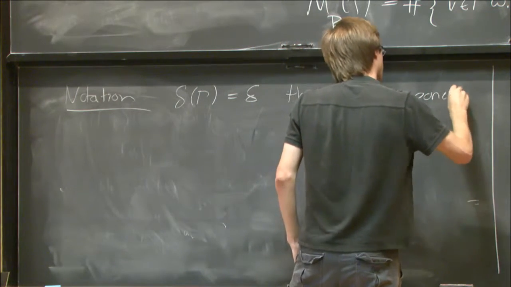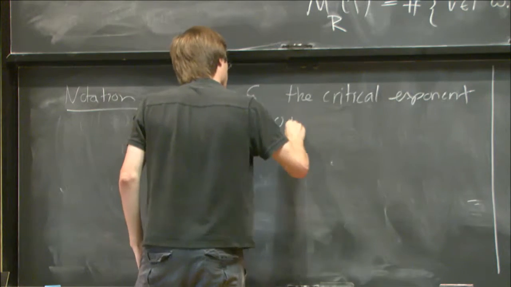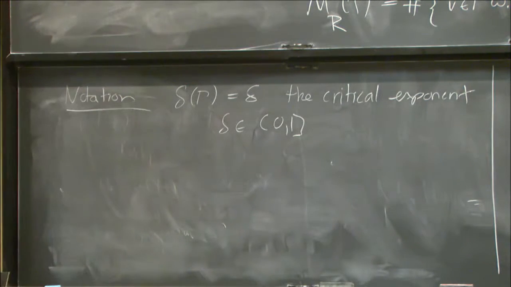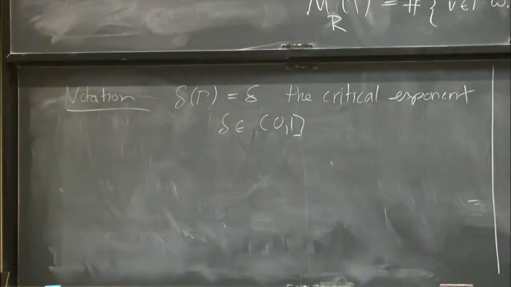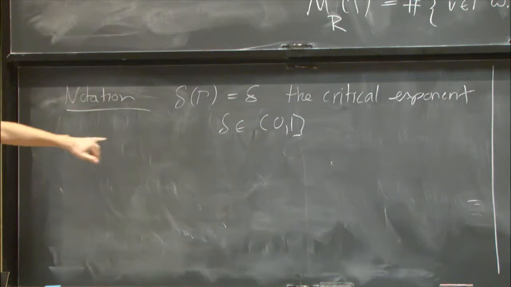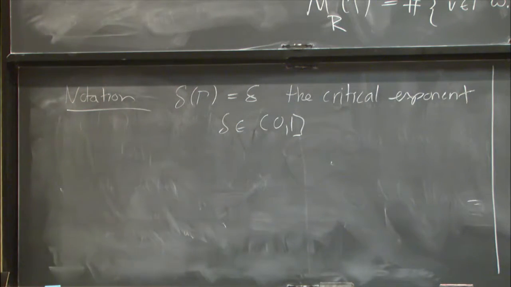It's some parameter which, as I've set things up, is always strictly positive and at most 1. And it measures how close I am to being a lattice. So if I'm very close to being a lattice, delta will be very close to 1. If I'm an extremely sparse group, it'll be very close to 0. And it's 1 exactly if I'm a lattice.